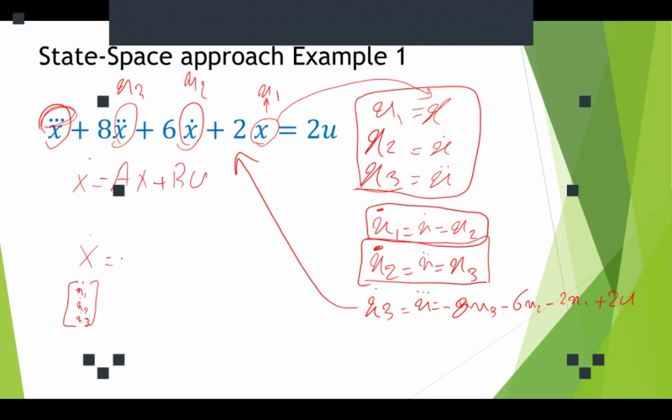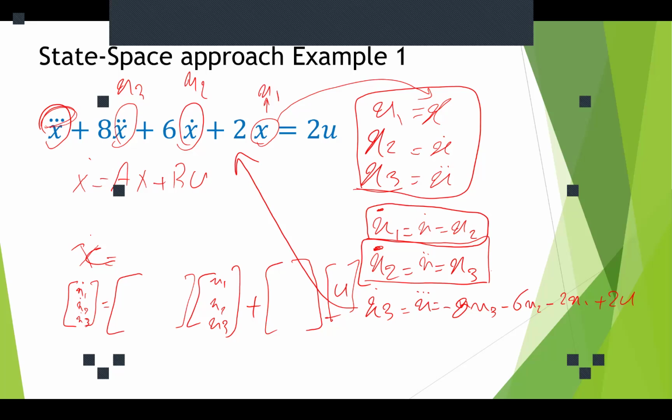Now, if we have x dot as a vector, we want to have matrix A times our state variables x1, x2, and x3, plus another matrix times our input vector, which is simply a 1 by 1 vector u, because we have only one input. Is that okay? Are we good?